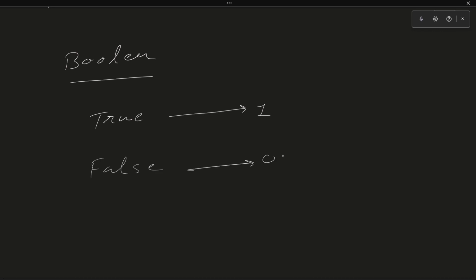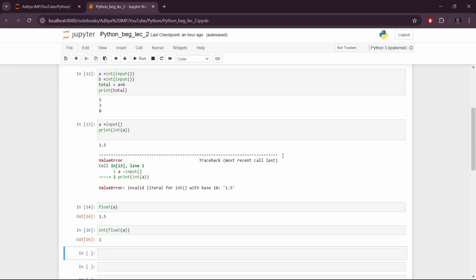So let's see this in a Jupyter notebook. At this time we want to convert boolean into an integer. So we will use typecasting again, and integer of True. This will give us 1.